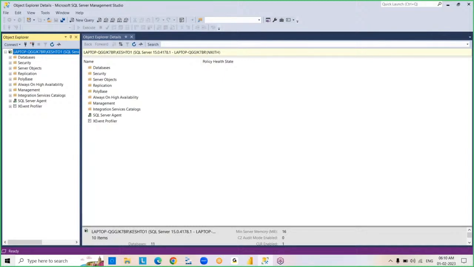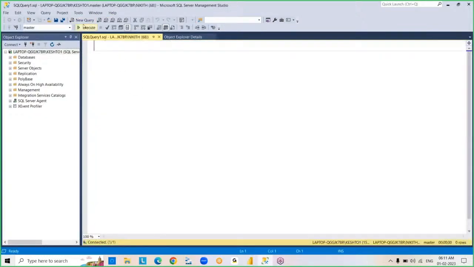If you want to work with the commands part, you should know how to connect to Management Studio. This is Management Studio. From this only we are going to perform different types of commands.